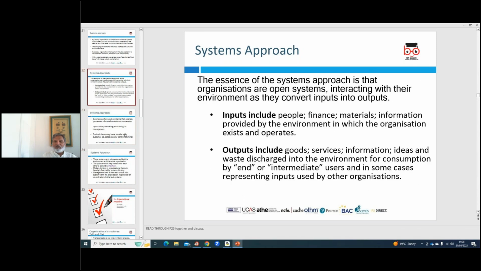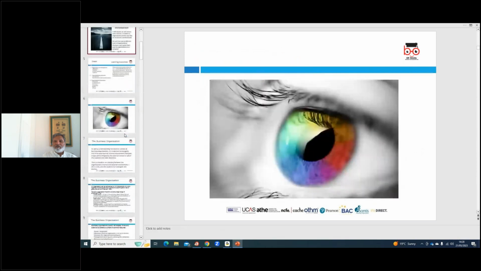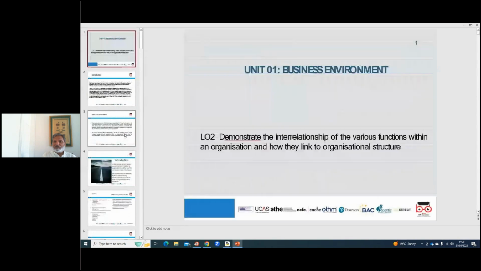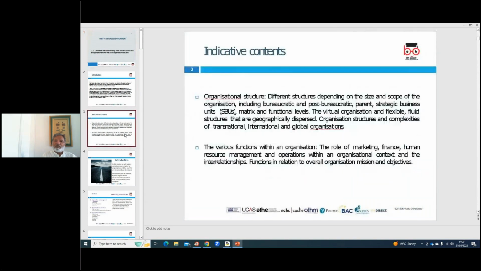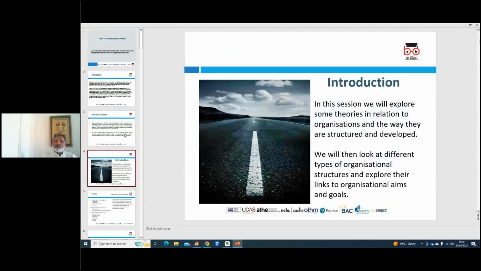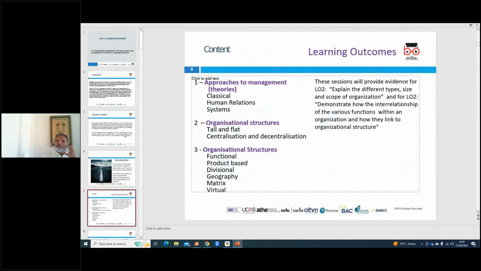This is very important: when we talk about organizational structures, if you go back to your LO2, it says demonstrate the interrelationship of the various functions and how they link to organizational structures. First we need to look at the approaches to management, and we looked at these management theories.